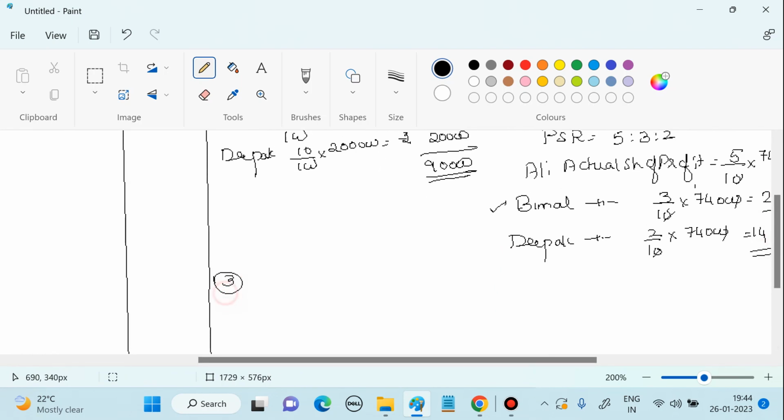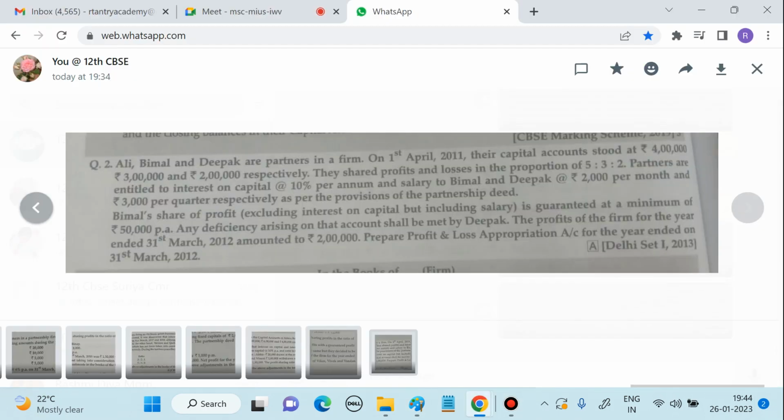Now next part. Bimal's actual share of profit, rupees 22,200. Now go to the wording and see what did they say. Bimal's share of profit excluding interest on capital but including salary.